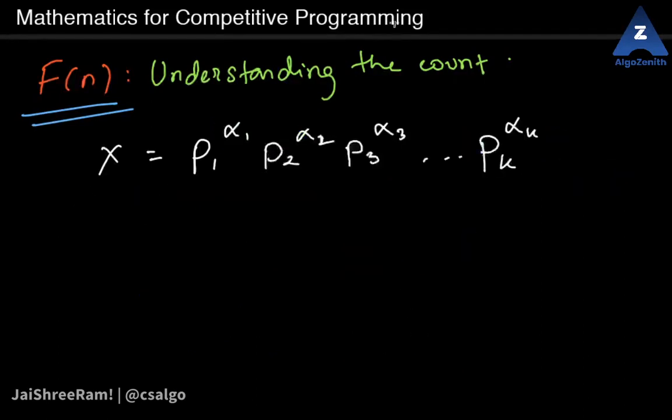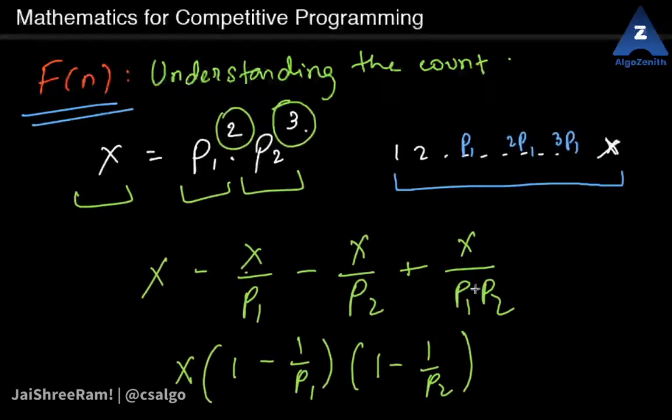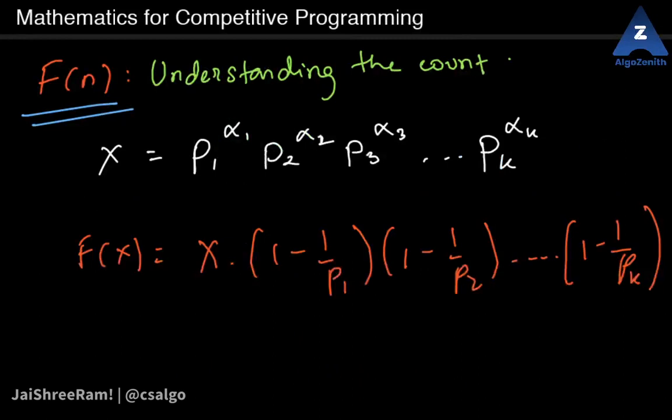If we now talk about some general number with a general prime factorization, we can find that f of x would be equal to x multiplied by 1 minus 1 by p1, 1 minus 1 by p2, and so on to 1 minus 1 by pk. We are not writing all the terms, but the logic would remain similar. So this particular number comes up.